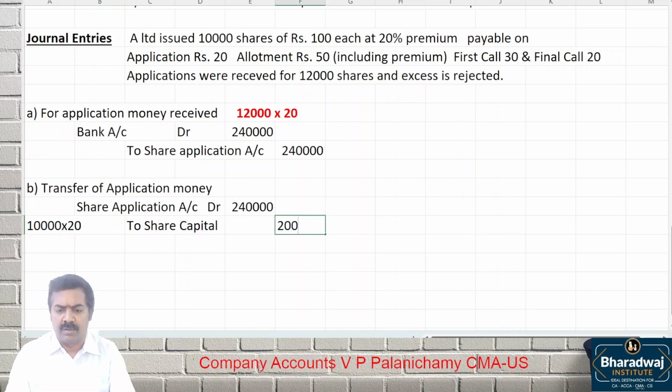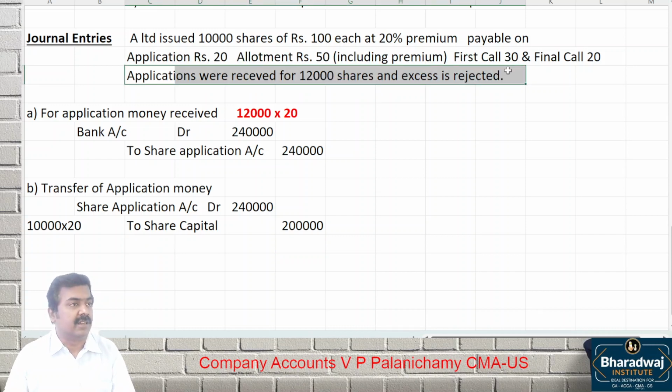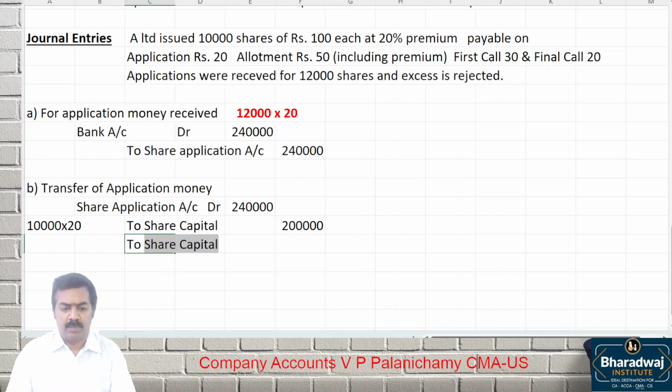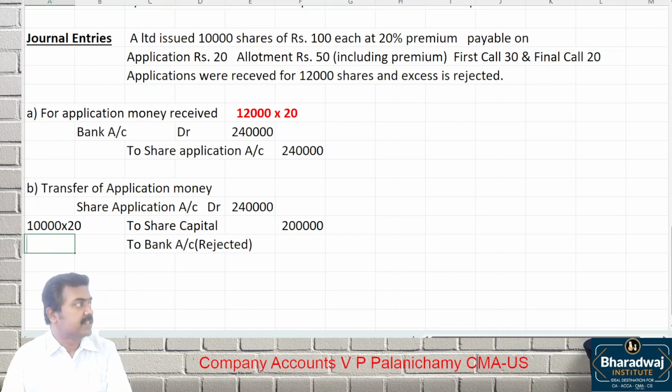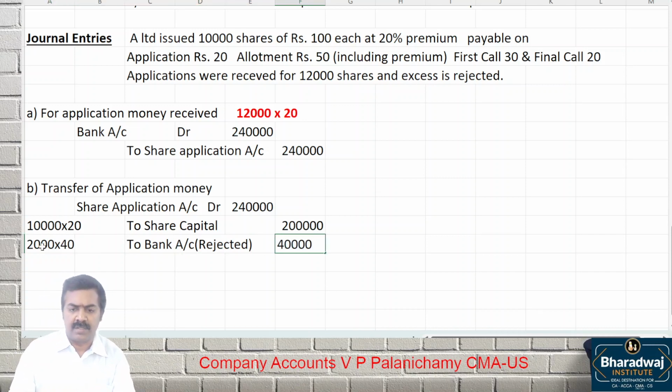10,000 into 20 comes to 2 lakhs. What about excess money? It is rejected, so what should we do to reject it? To bank account. How much excess applications? 2,000 into 20 is 40,000.